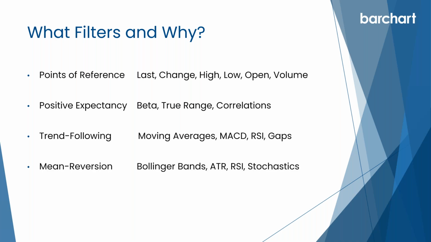When we talk about mean reversion, we can use filters, for instance, like standard deviation, percentage from averages, average true range, again in our momentum indicators like RSIs and stochastics. So this is what I want to do.